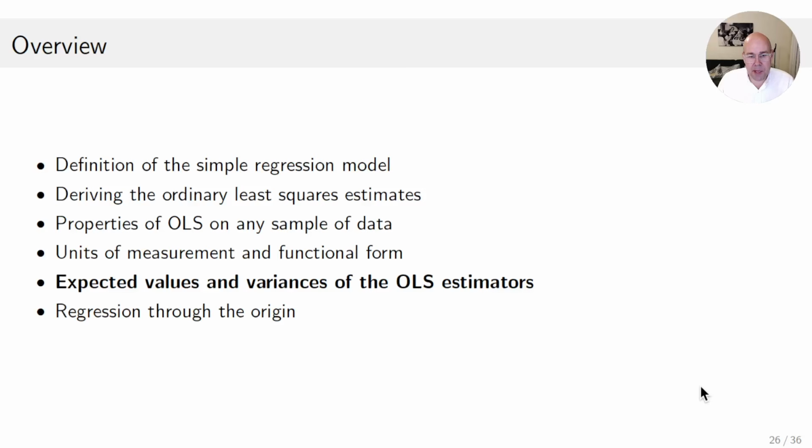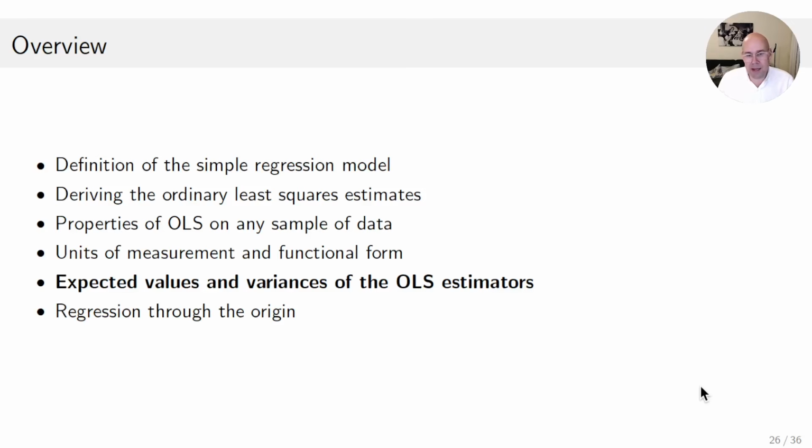The next thing we want to do is to look at expected values and variances of the OLS estimators. These are statistical properties, and the right way to think about this is that we're going to get a sample for our data, and then we're going to get estimates for that sample, and then we're going to get another sample and we get new estimates. We get a third sample, we again get estimates.